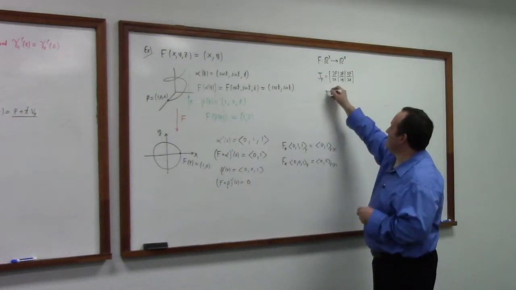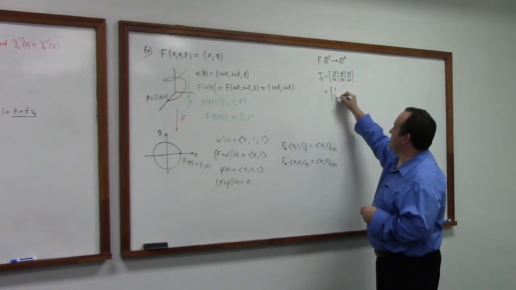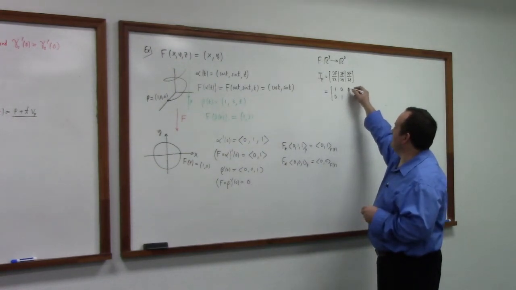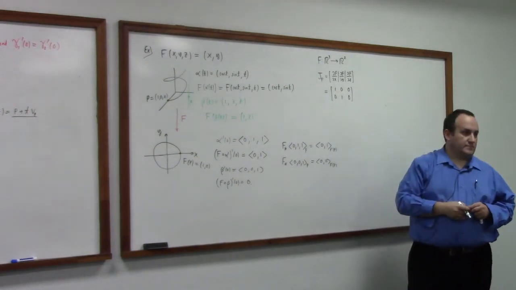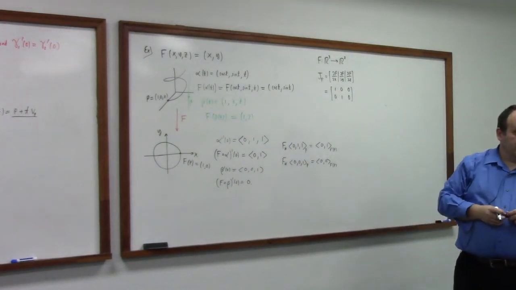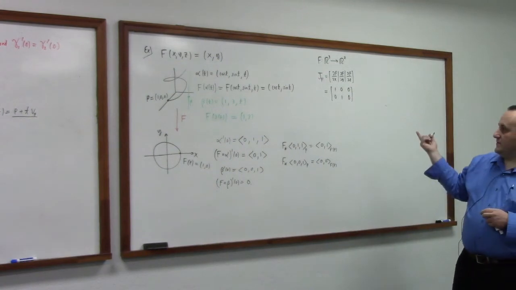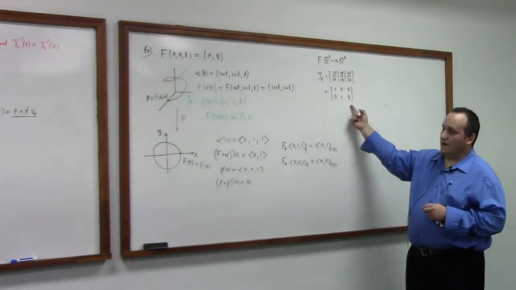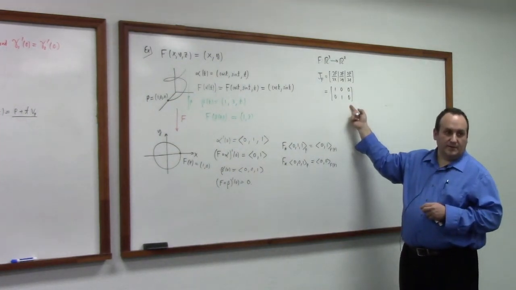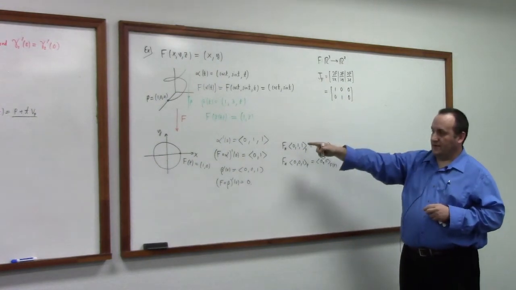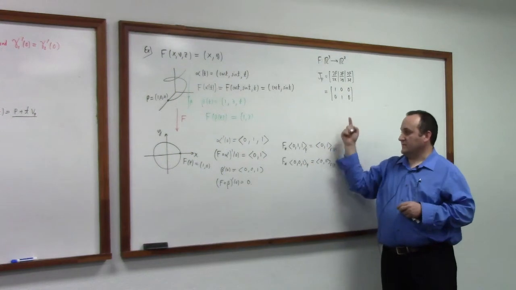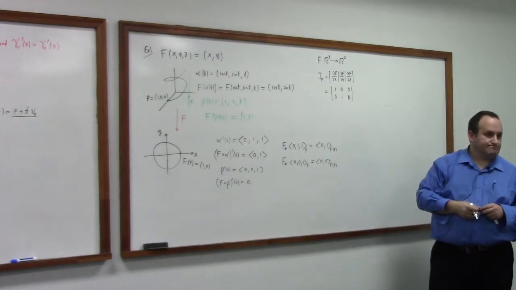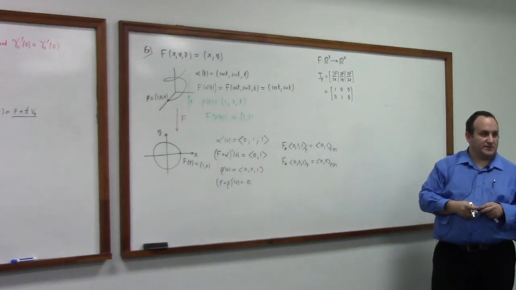So what we have here is 1, 0, 0, 0, 1, 0. That's the Jacobian matrix in this case. And if you take that matrix and multiply the vectors that we had, 0, 1, 1, or 0, 0, 1, times that matrix, you'll get the same result that we got by composing the curves and differentiating.